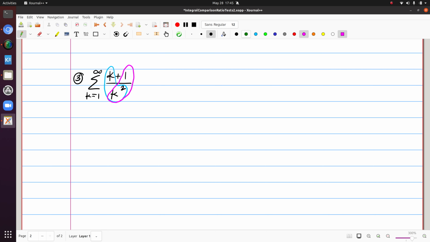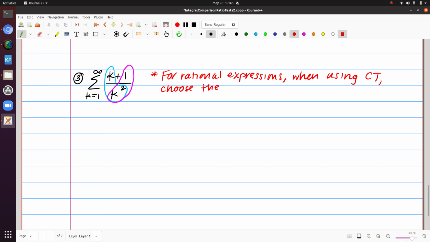Now, in general, to get the best comparison, something that is going to be most representative of the behavior here, for rational expressions, when using the comparison test, choose the highest exponent in the numerator and the highest in the denominator.